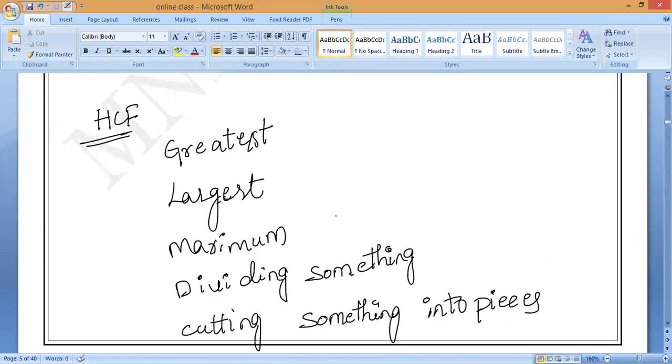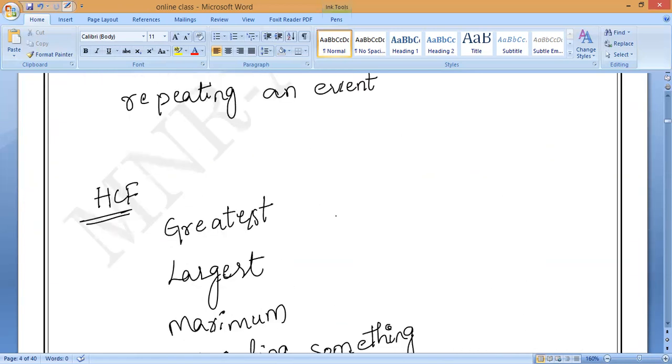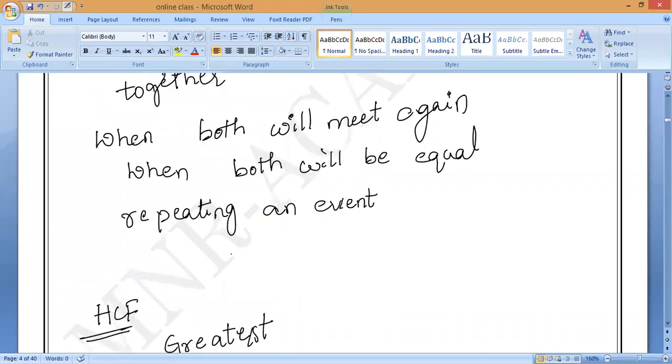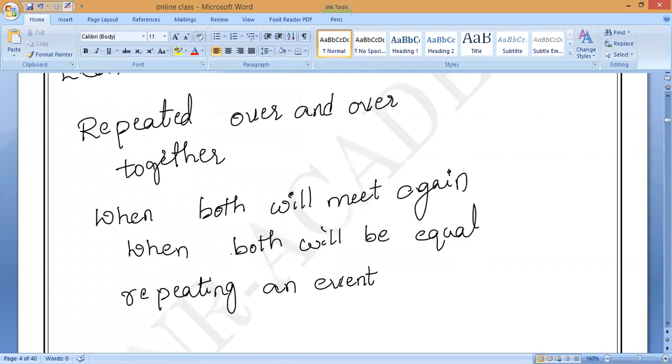Seventh question, what is the keyword? Check it now, compare. Both will meet again. This is the keyword here.